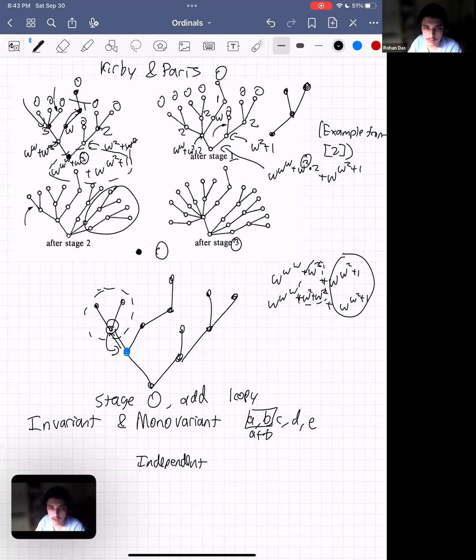In specific examples, like when you have a specific hydra, it can be computed. And it can also be computed for a Goodstein sequence, but these numbers are extremely large and are generally not very fun to work with.